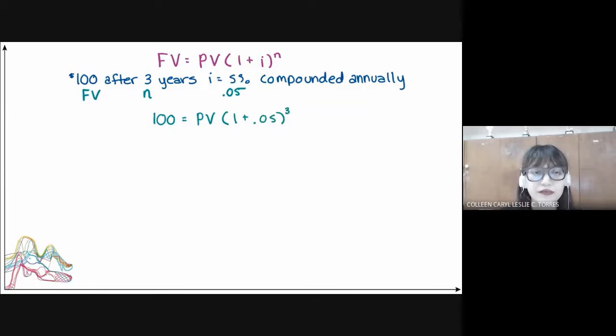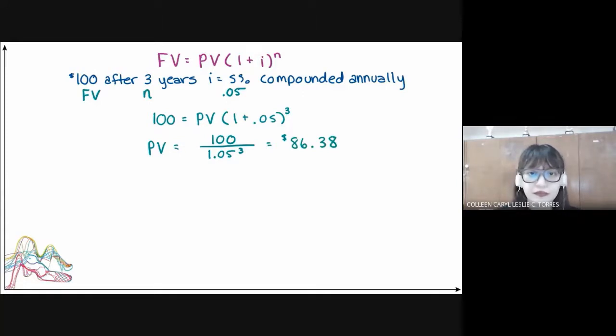And now we can solve for our present value by dividing both sides by 1.05 to the third power. So we could say that our present value is equal to 100 divided by 1.05 to the third power, which is $86 and about 38 cents.